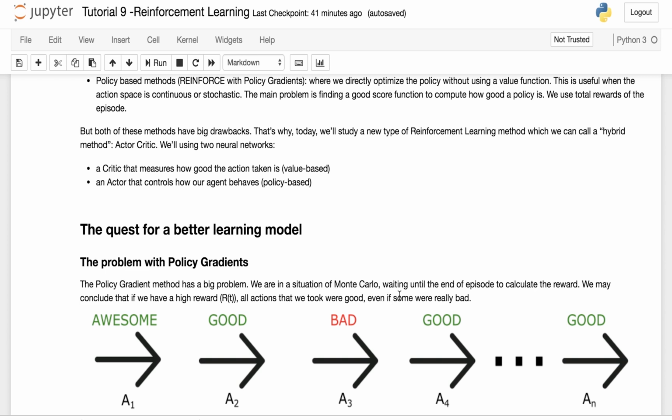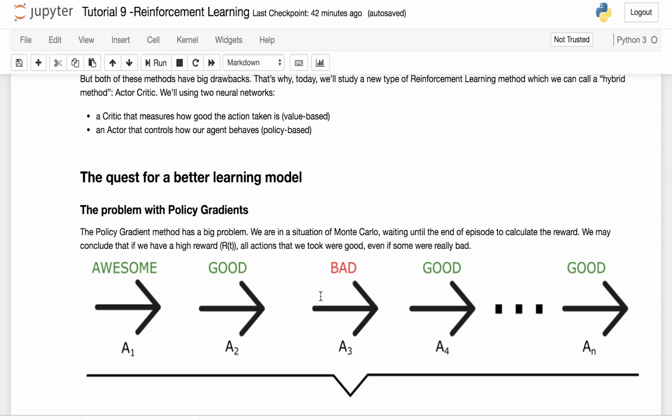But that isn't true. If your final reward is good, it means that some part of your actions were good and gave you a good reward, but part of the actions may have had a very bad reward.